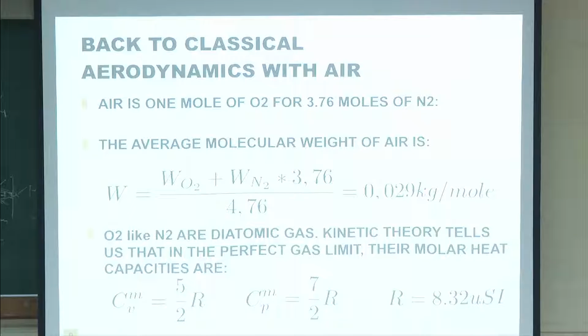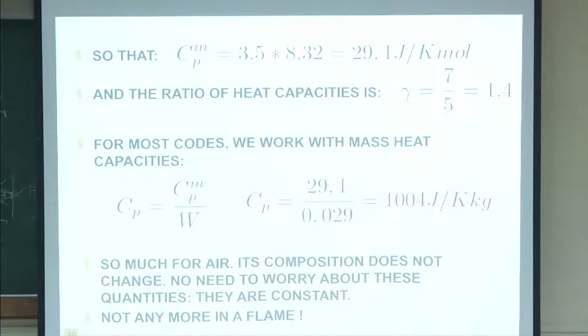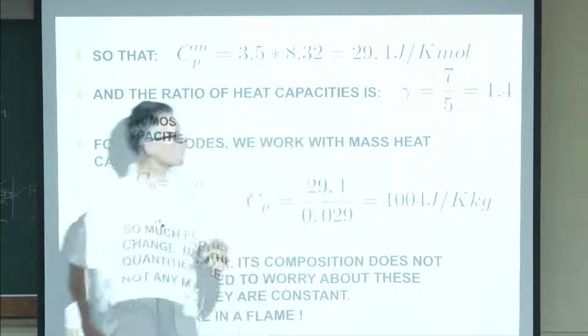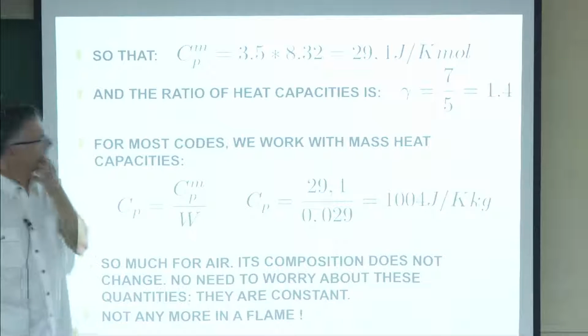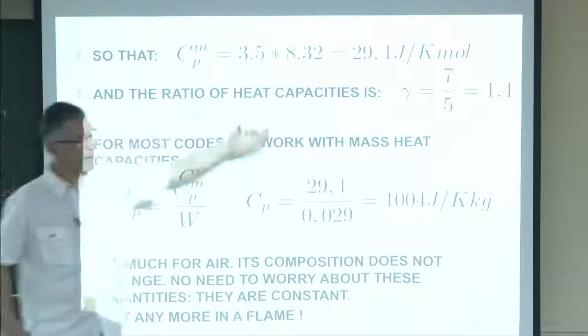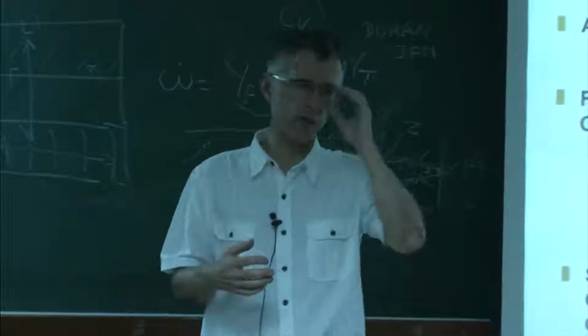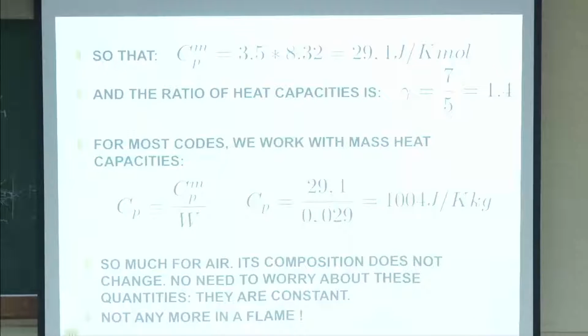If you put that in real numbers, that means that the molar CP is of the order of 29.1 joule per Kelvin and mole, and gamma is the ratio of the two. Gamma is 1.4. And the kinetic theory works extremely well for air. I mean, if you measure that, instead of 1.4, you're going to find 1.39 something. And same thing for CP.